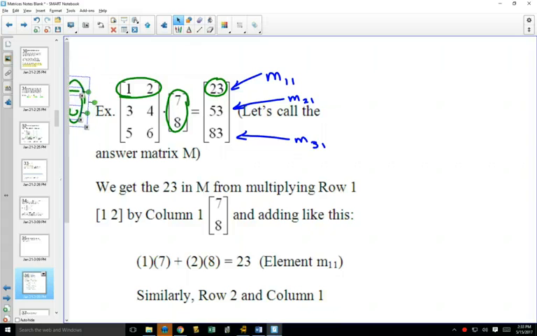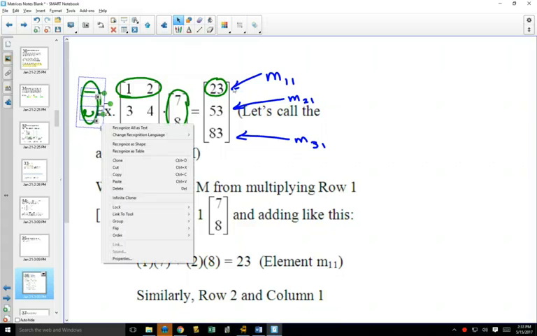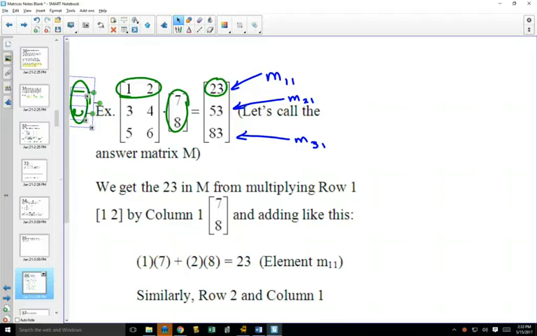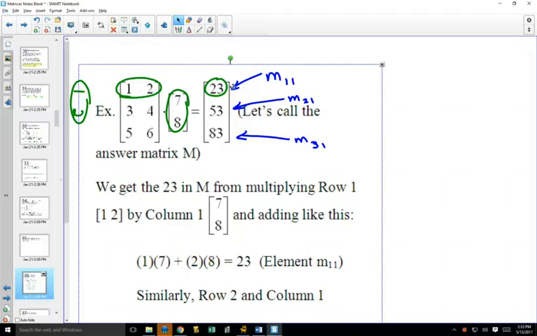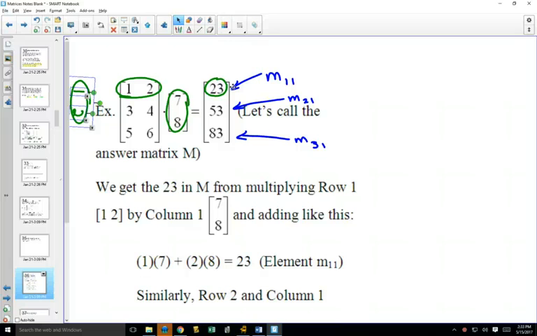Here we go, slamming into the 7 and 8. So the 1 hits the 7, the 2 would hit the 8. You multiply the numbers that slam into each other. So we have that right here. The 1 hits the 7, the 2 hits the 8, and whatever you get from that multiplication, you add it up, and that's how we get the 23.